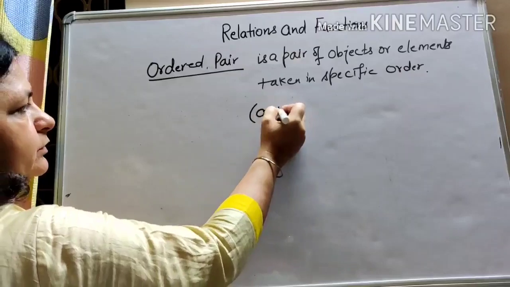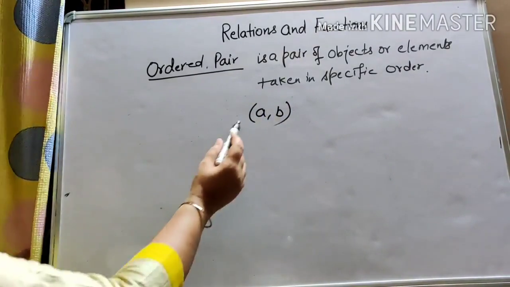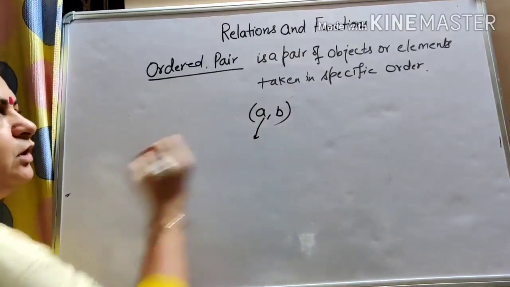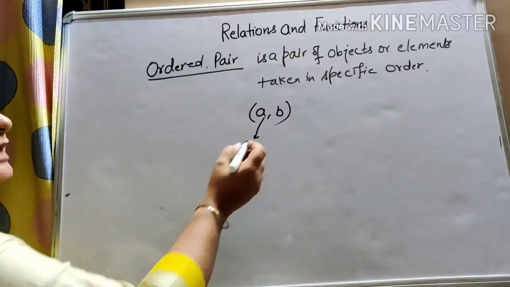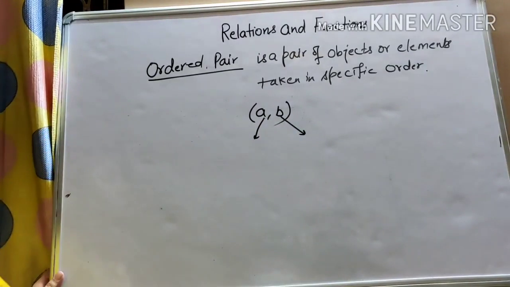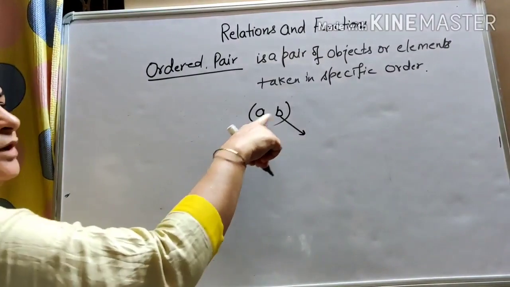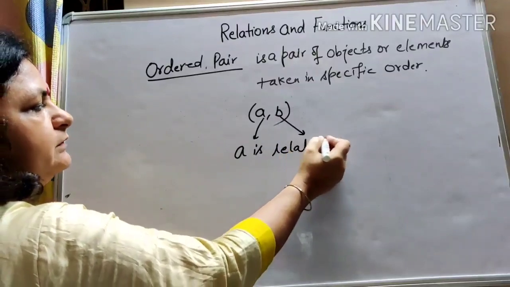If we have an ordered pair (A, B), it means A is related to B. A is called the first element, or first component, and B is called the second element, or second component.